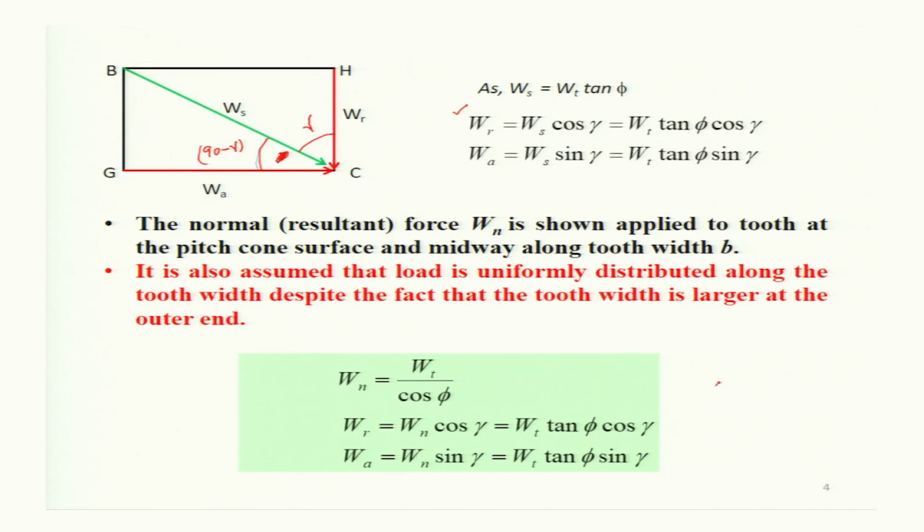So, if you have this type of gear tooth, and this is the width, this Wn was assumed to act along the tooth cone surface, that means along the pitch surface, and midway along the tooth width B. So, in the middle it was assumed to act.